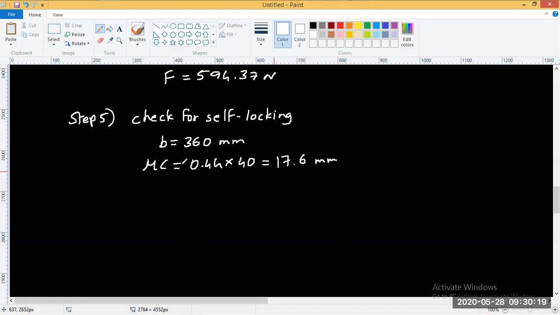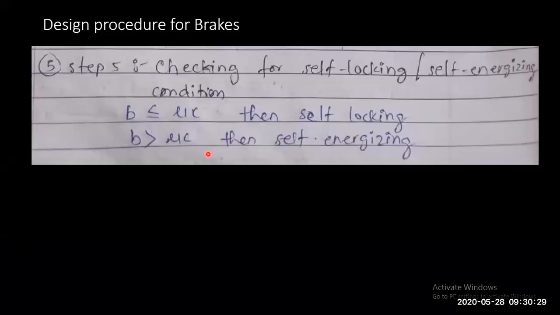So you can just assess the situation here. So B is obviously greater than mu times C. Okay, so it is greater, which means it is self-energizing. So this is a required condition. This is a desirable condition when designing a shoe brake.